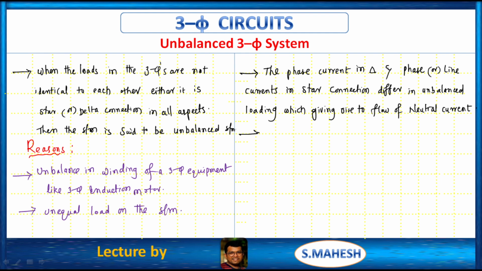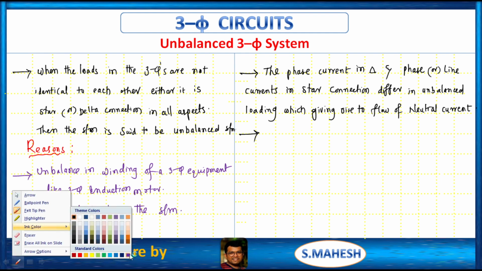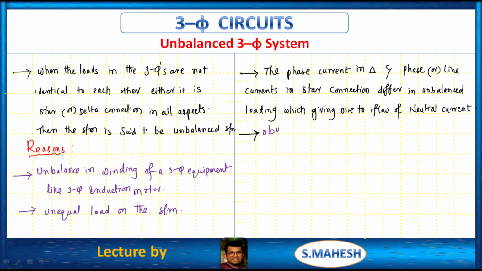Obviously in star connection, IR plus IY plus IB is equal to IN. There is a neutral current.